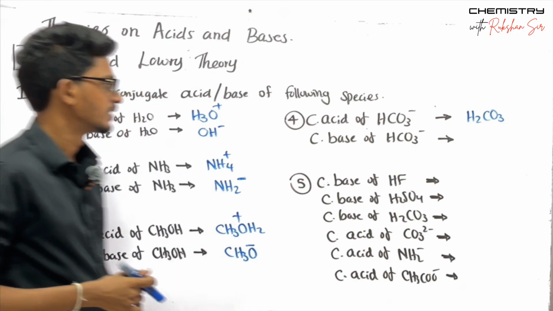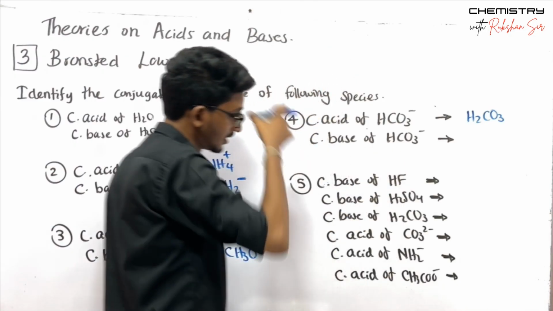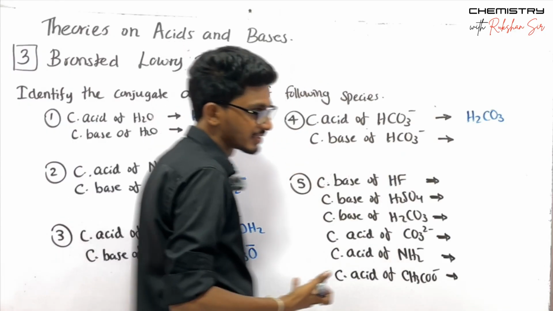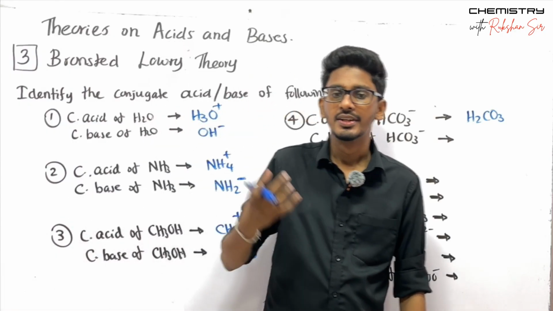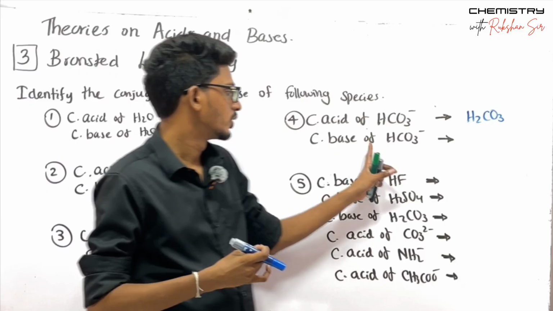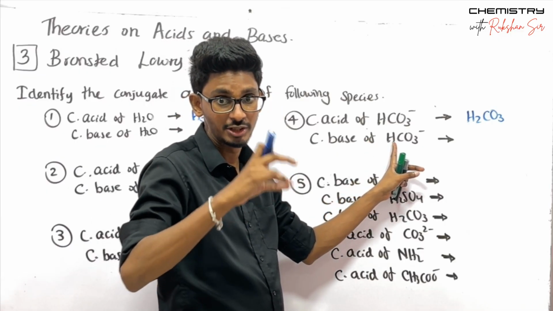Conjugate base of HCO3 minus. Base means the species with fewer H pluses, so you need to release one H plus from here, as we are considering conjugate pairs. Just one H plus difference would be there.